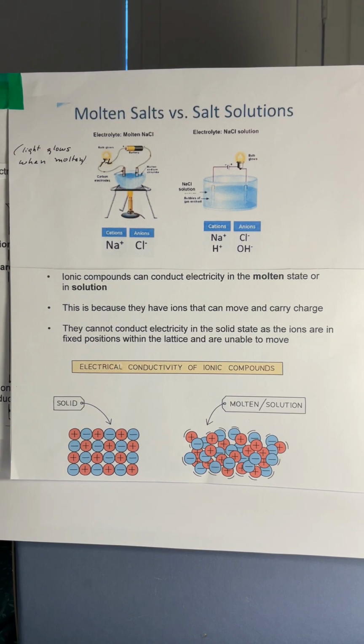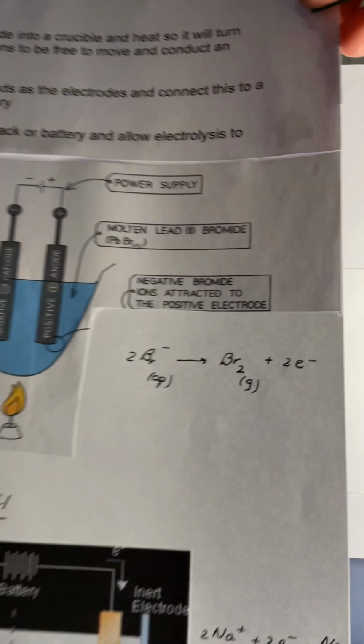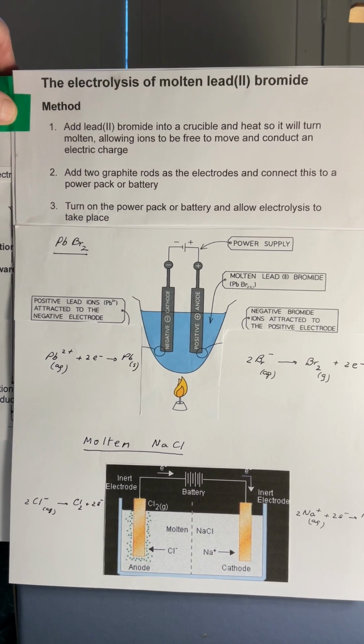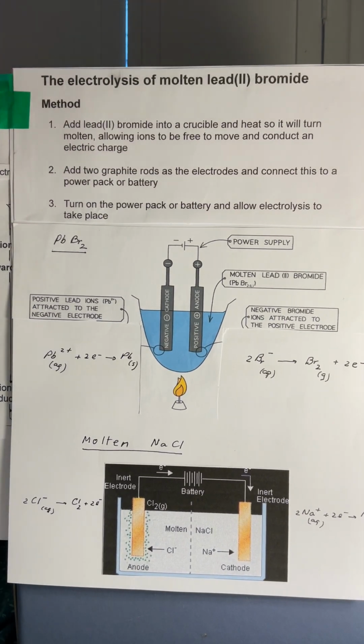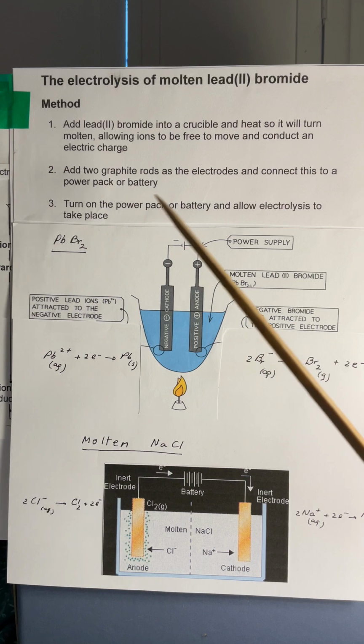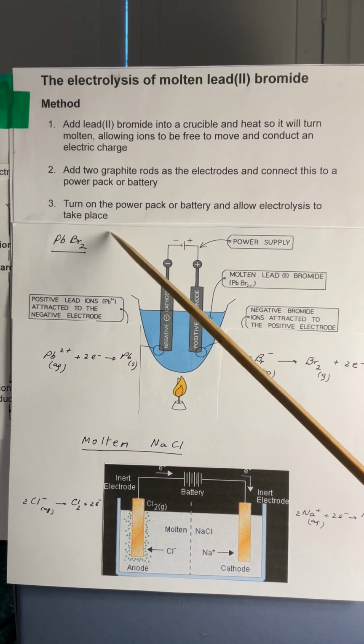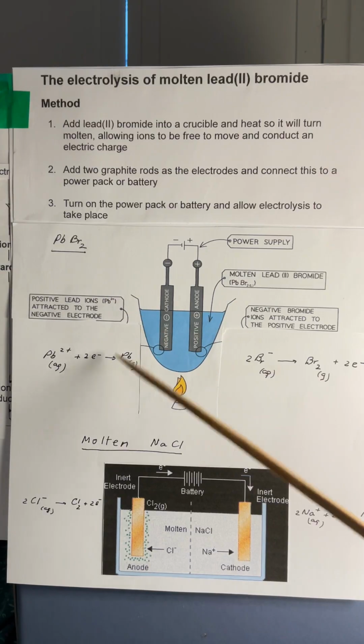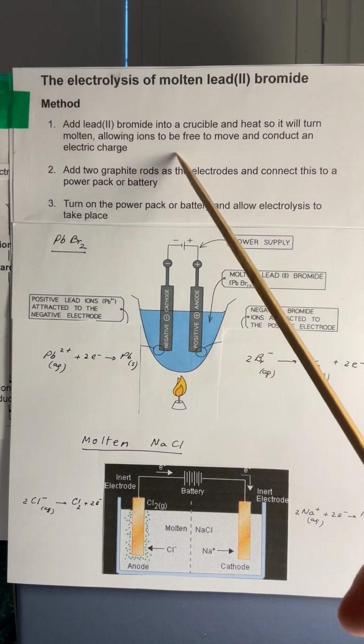So, we are first going to talk about molten salts, the electrolysis of molten salts, which are the most immediate one. And the examples, for instance, are lead bromide, sodium chloride again.